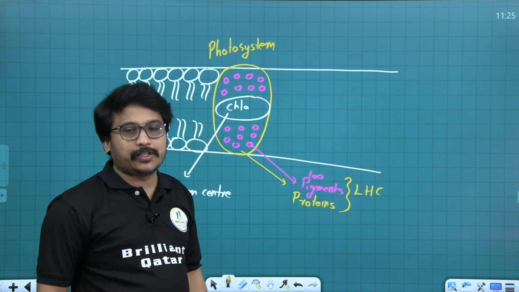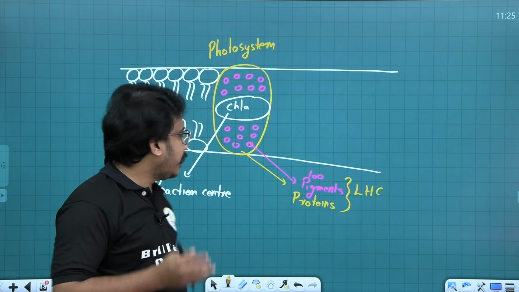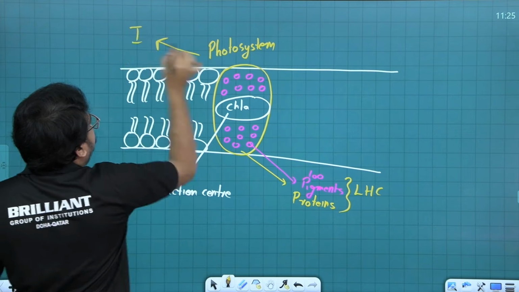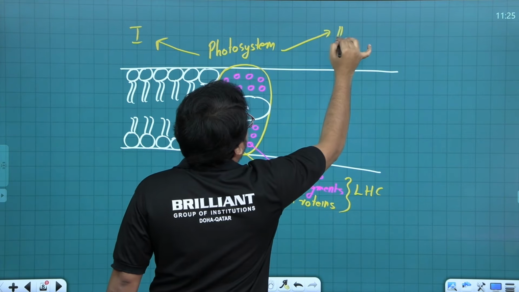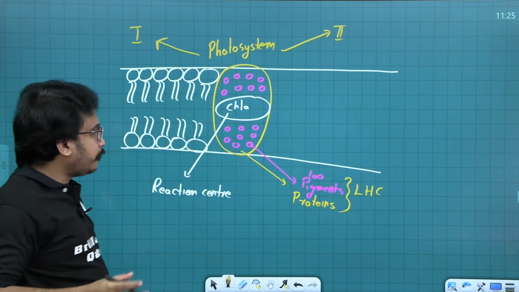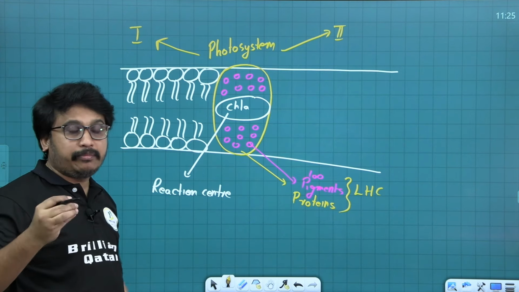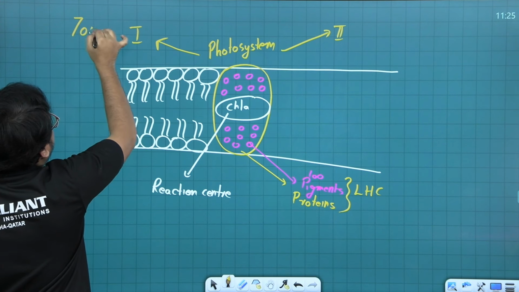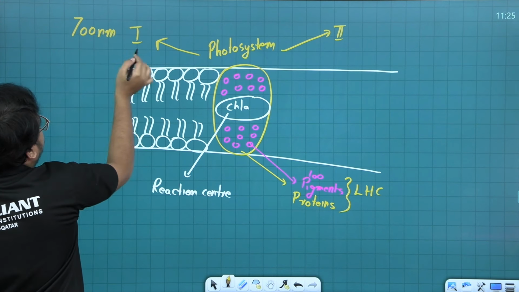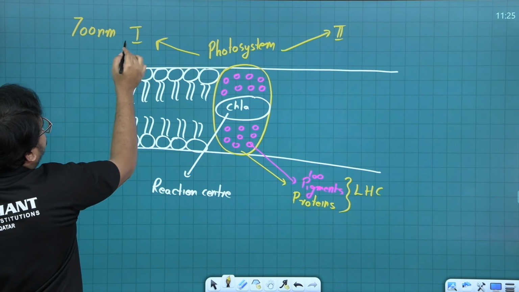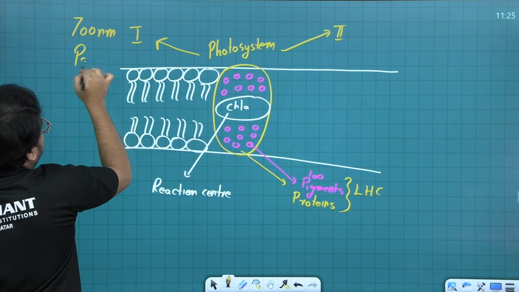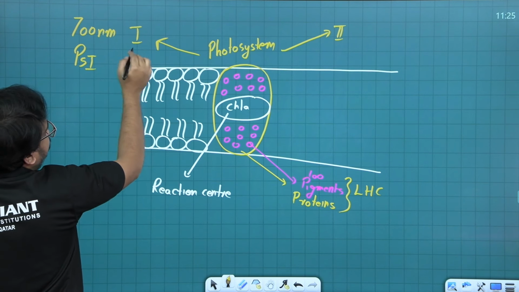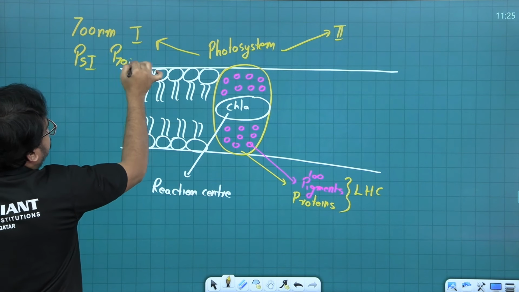There are two photosystems. According to the discovery, they have been divided into photosystem 1 and photosystem 2. In photosystem 1, the chlorophyll A absorbs maximum light at 700 nanometer. So the reaction center of photosystem 1 will be having P700.